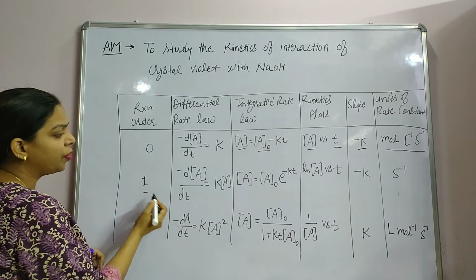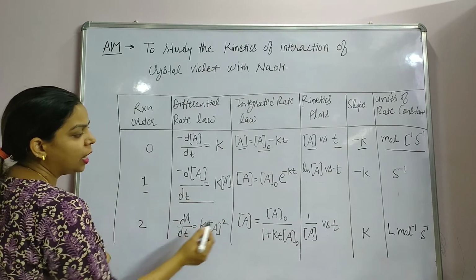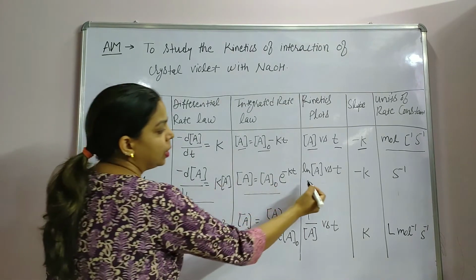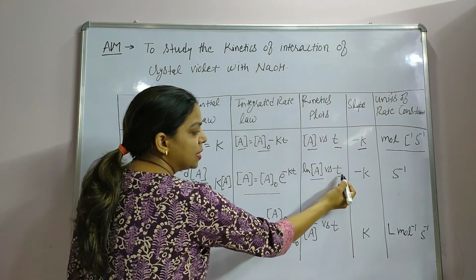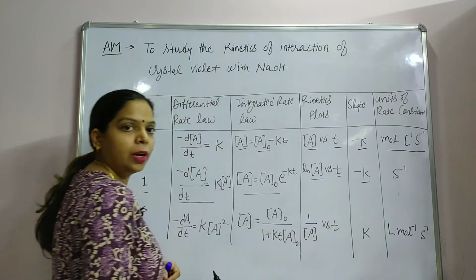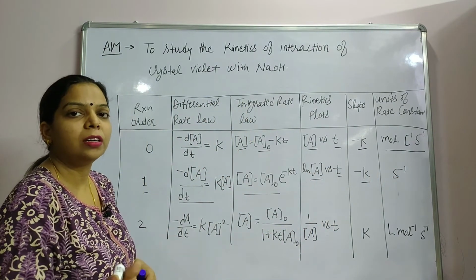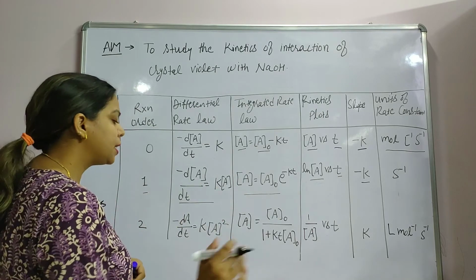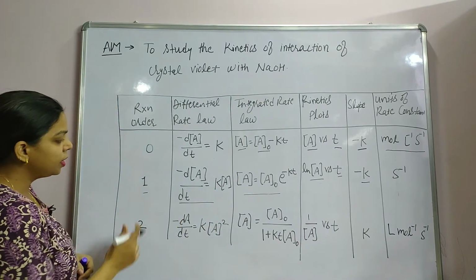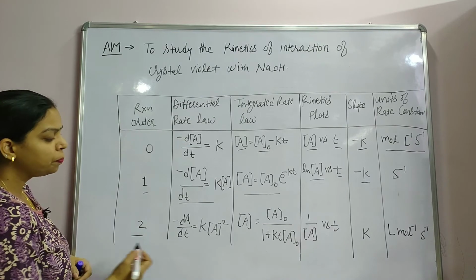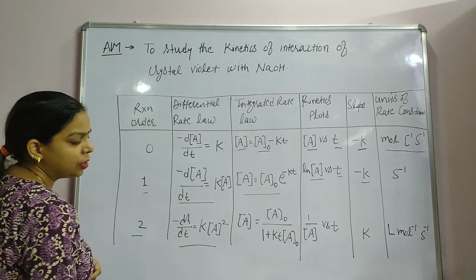If it is a first order reaction, this is the differential equation for that. The integrated equation is this one which we have considered, and we are plotting log of A versus T. The slope is again negative and its units are only time inverse, whether you are taking minute inverse or second inverse. In the third case, if the order of the reaction is second order, this is the differential equation.